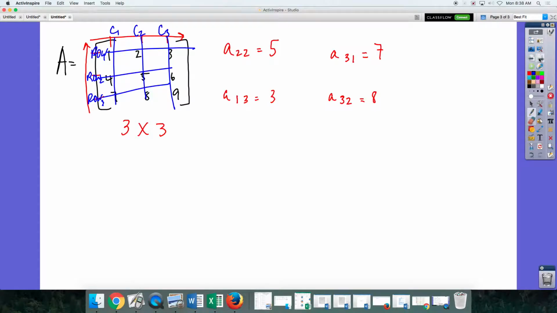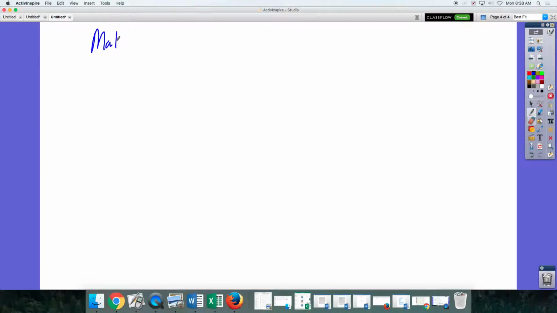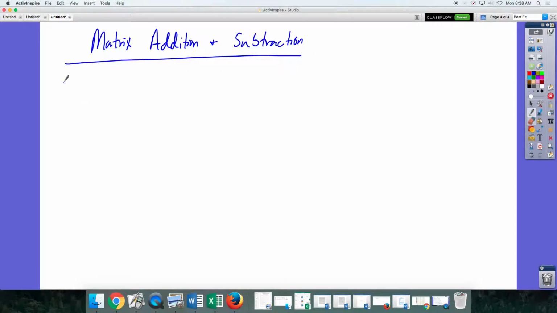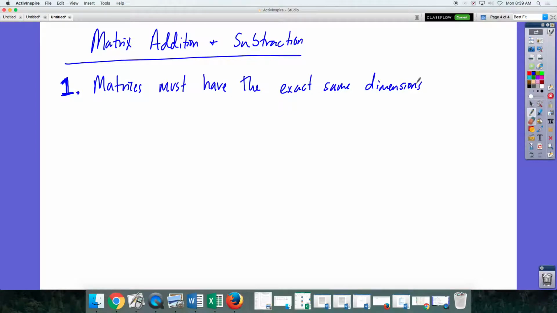All right, let's move on to matrix addition and subtraction. Number one thing, if you don't understand this concept, you won't be able to do a single problem. In order to add or subtract, the matrices must have the exact same dimensions.